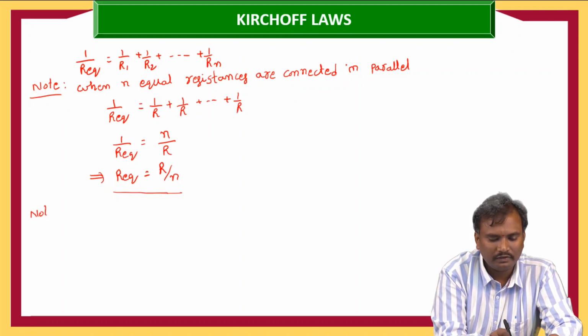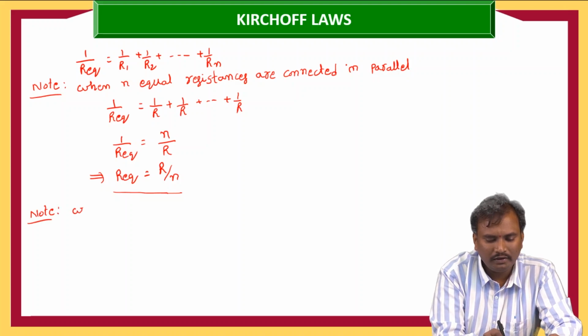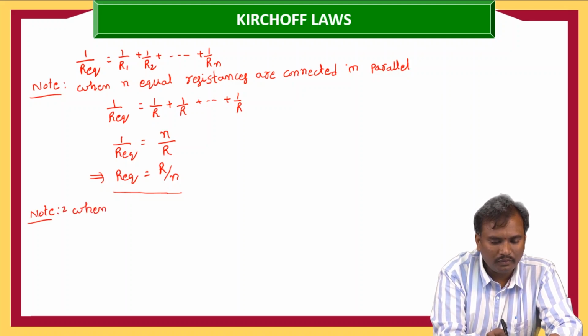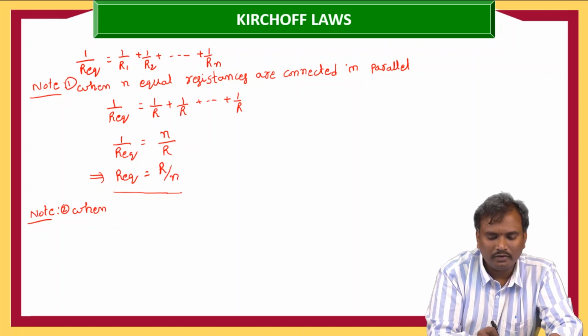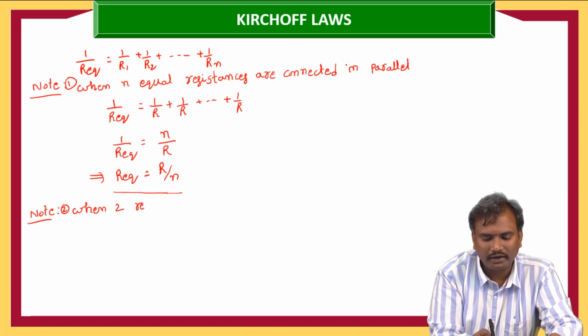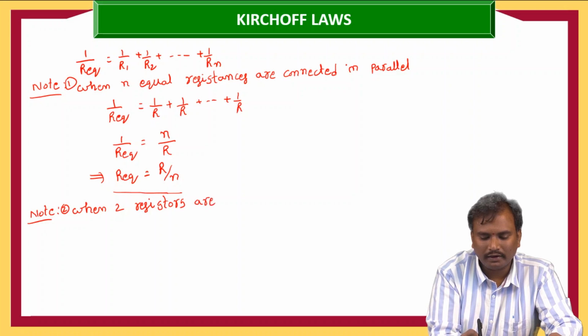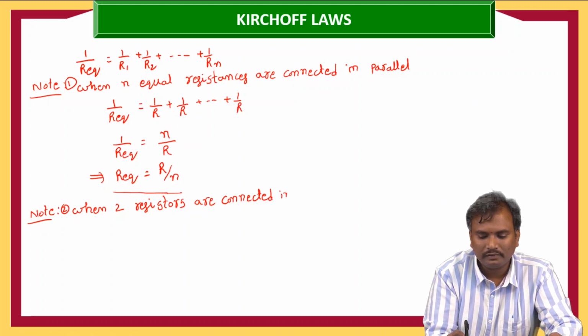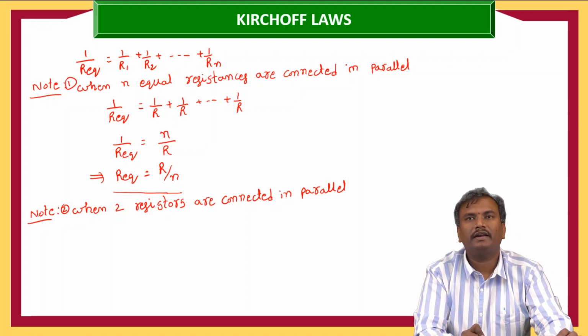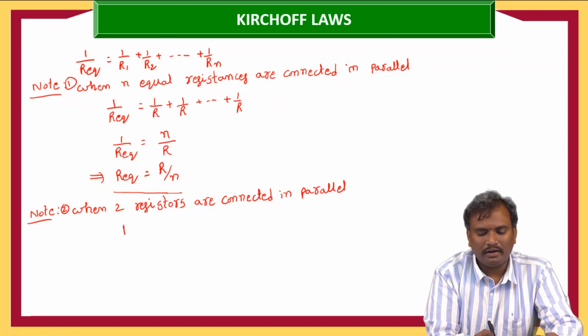Now, another note. This is note 2, and that was note 1. When two resistors are connected in parallel, 1 by R equivalent is equal to 1 by R1 plus 1 by R2.